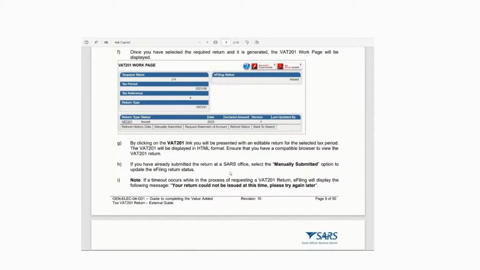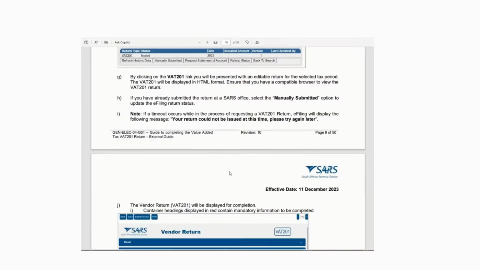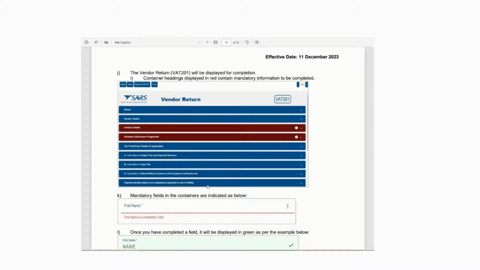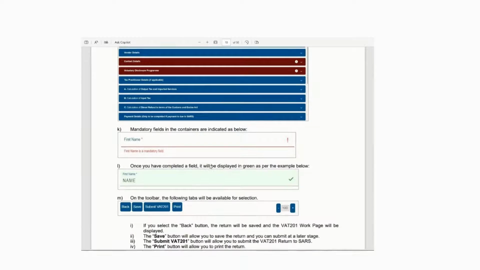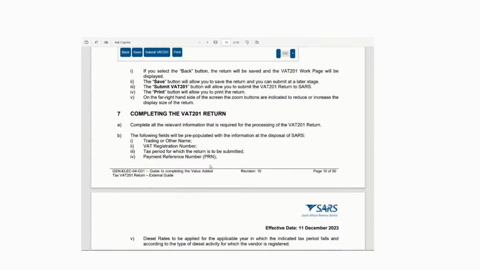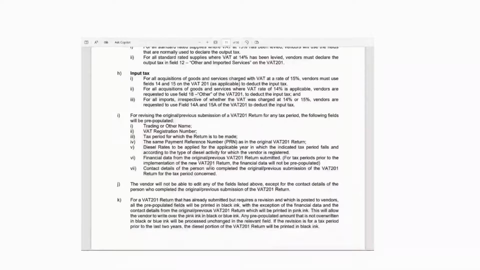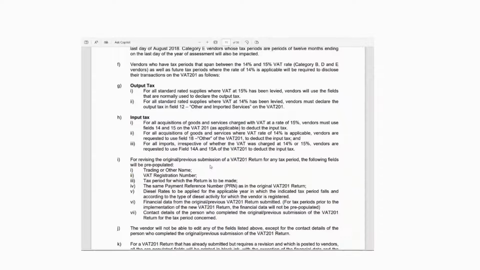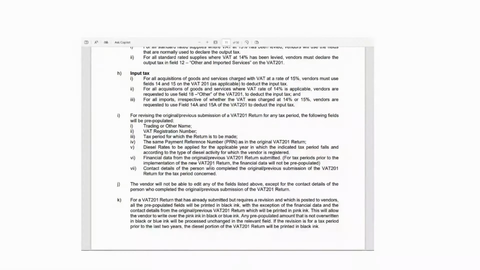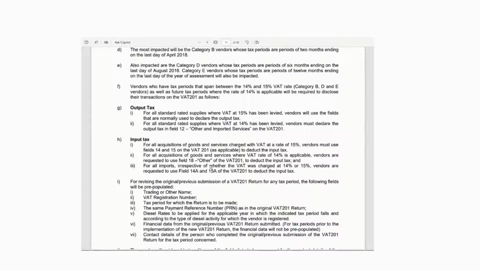You would create one after the second month of sales, and this is what the VAT201 looks like, the vendor return form. And as you drop down on all of these sections here, you need to fill in information, and it all depends on the industry that you're involved in. And there's the difference of the output tax and the input tax.